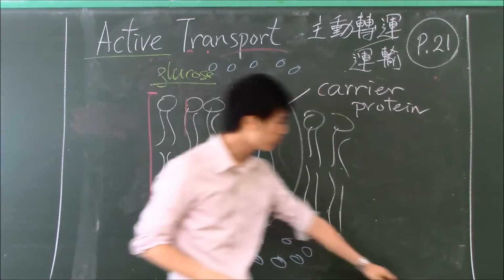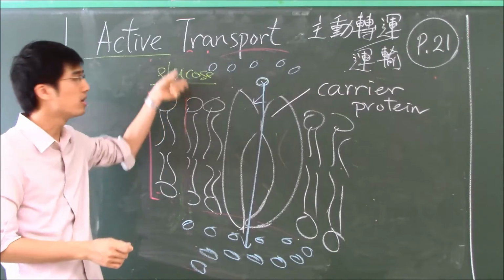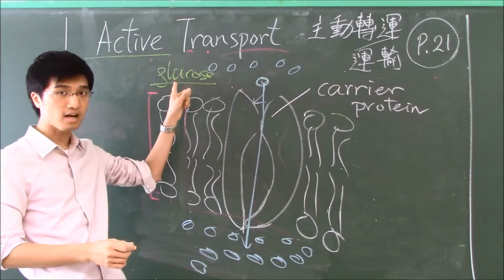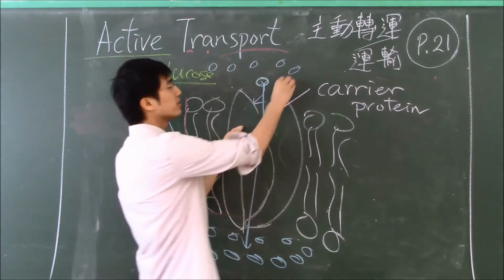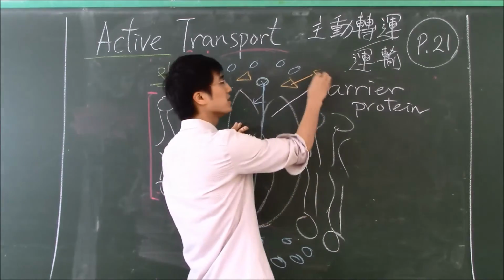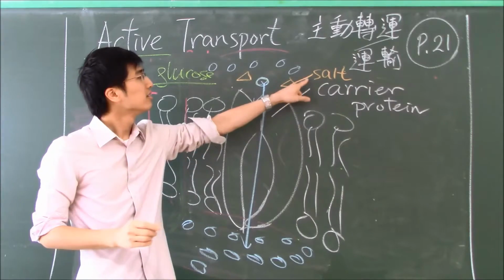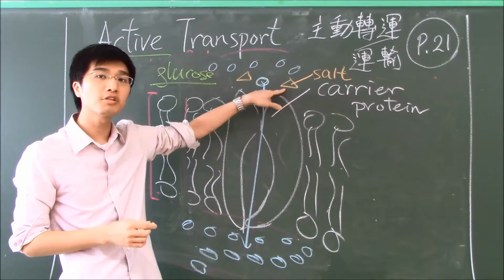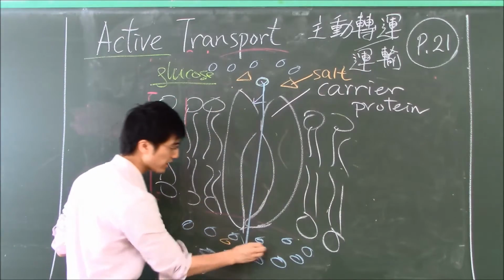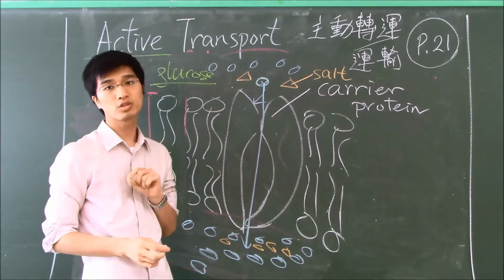Another thing I need to point out is that in this case, I use glucose as an example, and a carrier protein for glucose as an example. If now I have the triangle substance, for example salt, can these salt molecules go into the cell, even from lower concentration to a higher concentration, by using this carrier protein?